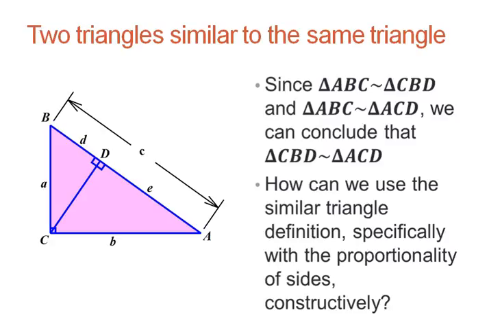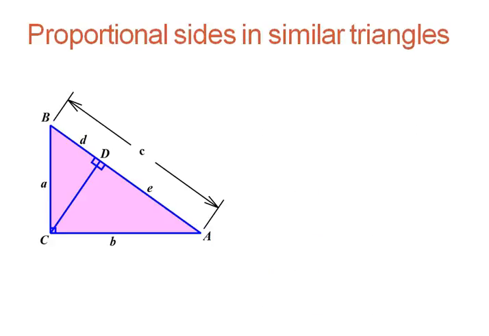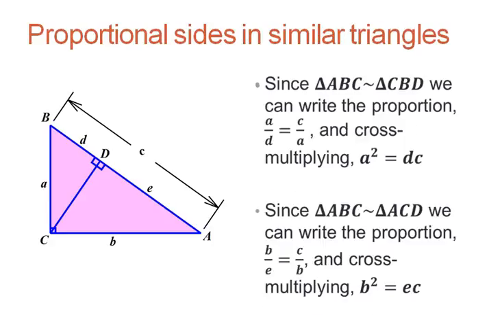The question now becomes, how can we use similar triangles? It's their definition, and specifically dealing with the proportionality of the sides. How can we use that to help us get to the Pythagorean theorem? Well, let's look at triangle ABC and triangle CBD and what proportions we can write. If we look at the ratio a over d, a and d are both short legs of different triangles.